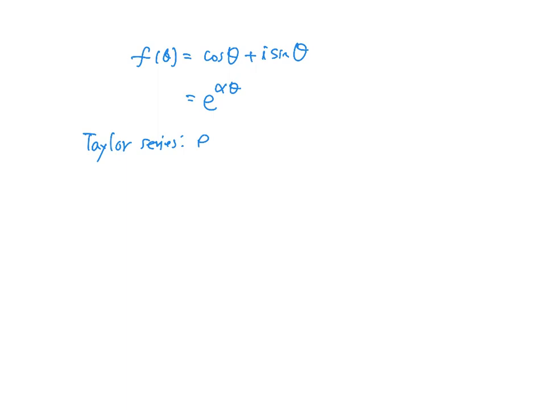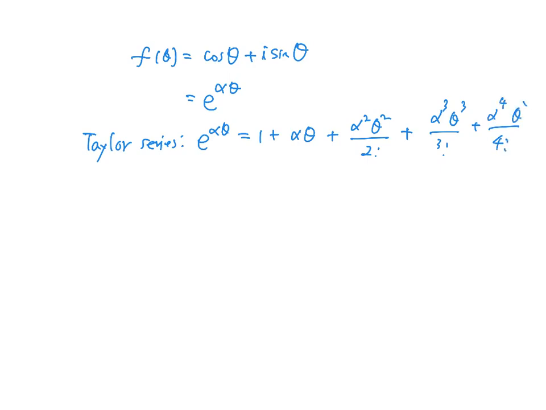So exponential alpha theta is 1 plus alpha theta plus alpha squared theta squared over 2 factorial plus alpha cubed theta cubed over 3 factorial plus alpha fourth theta fourth over 4 factorial, etc. You can check the freshman calculus book for that.